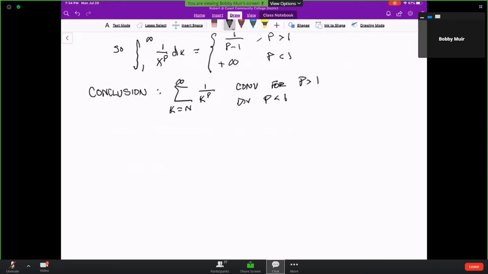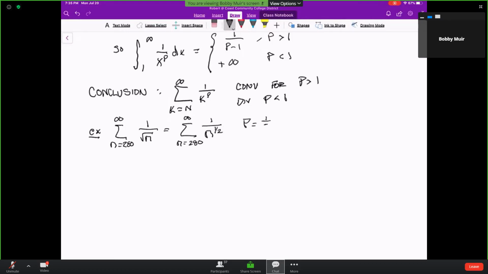Okay, so that's the cutoff. For example, if I'm looking for the sum from n equaling 280 to infinity of 1 over the square root of n, that's the sum from n equaling 280 to infinity of 1 over n to the 1/2.